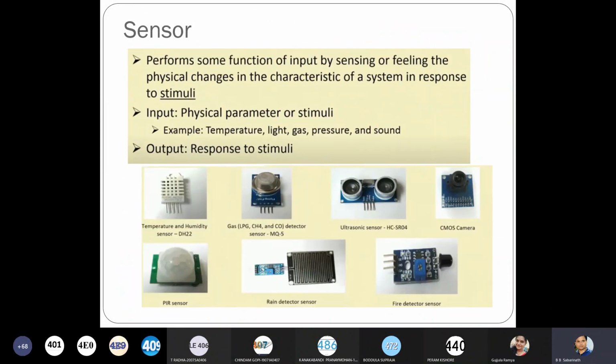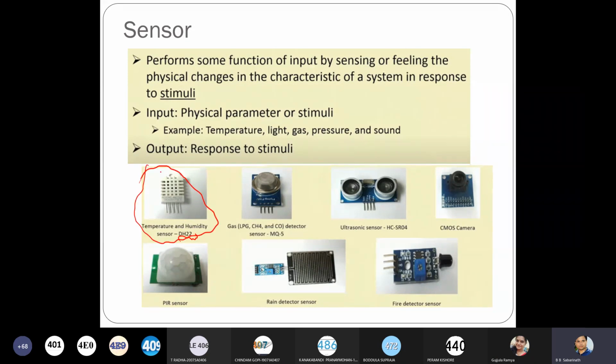They perform some function of input by sensing or feeling the physical changes in characteristics of the system response. These are the normal sensors used in IoT. For example, the temperature sensor DHT22, which has both temperature and humidity.